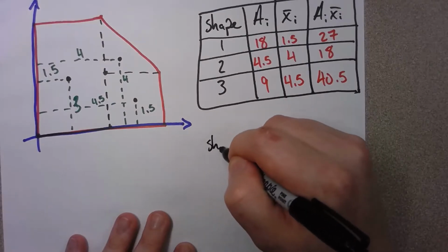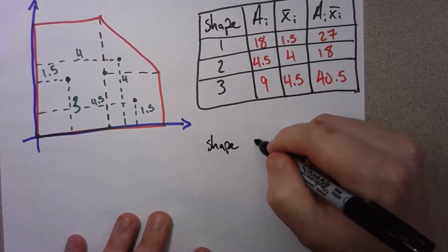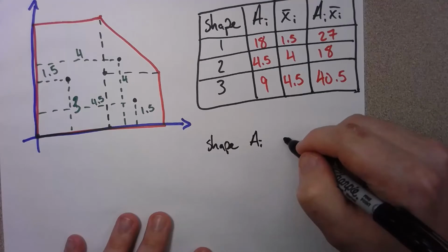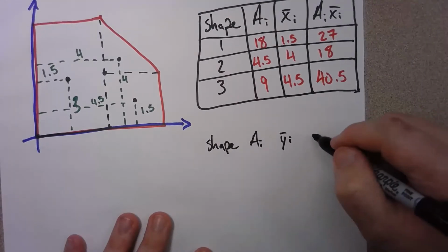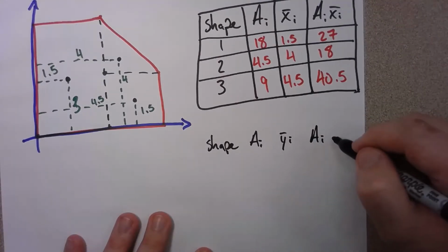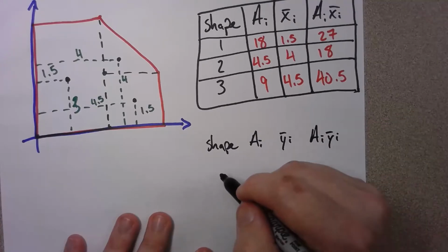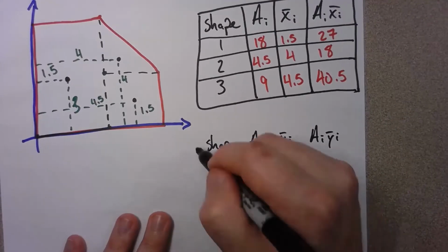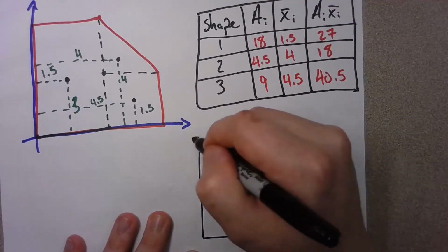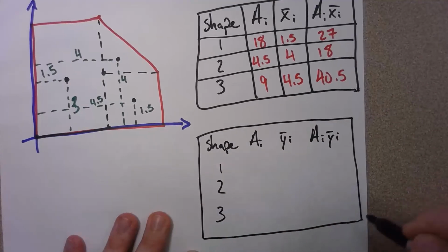So we have shape, we have our area, we have our y bar values, and then we have our multiplied area and y bar values. We have 1, 2, 3 shapes, and we can create a nice table.